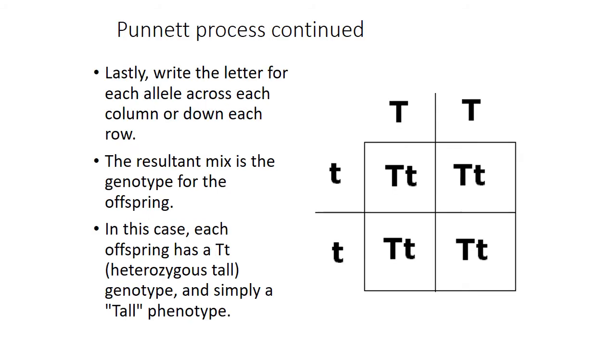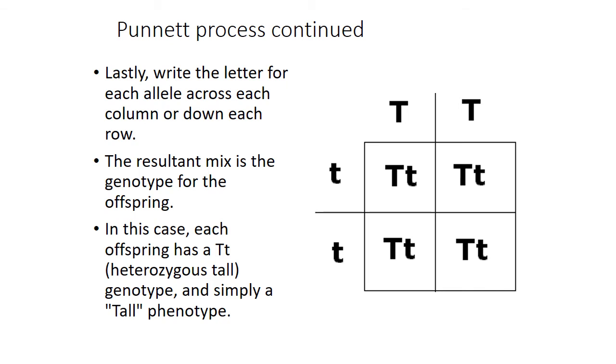Then we write the letter for each allele across or down each row and column. The big T is going to go down the column into each square, and the little t is going to go across the row into each square.